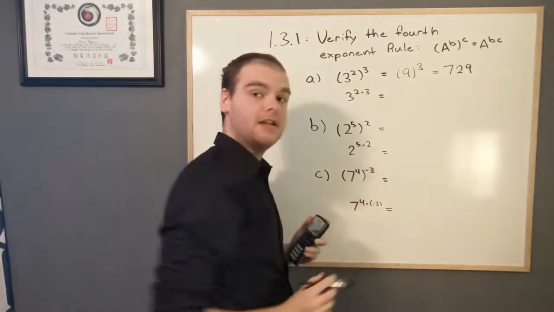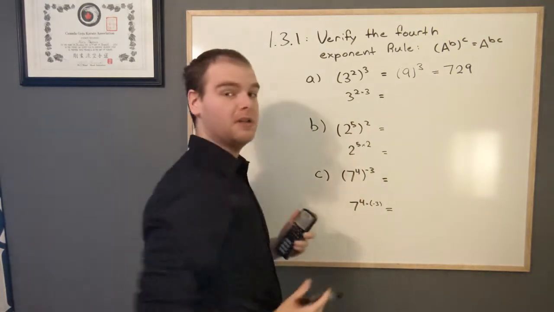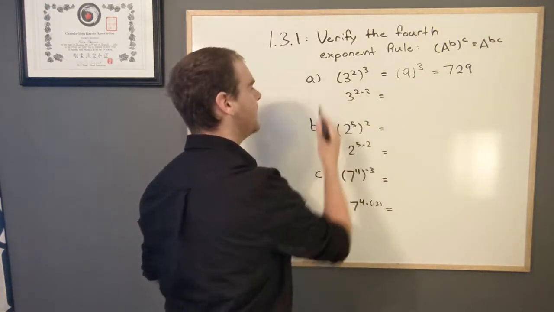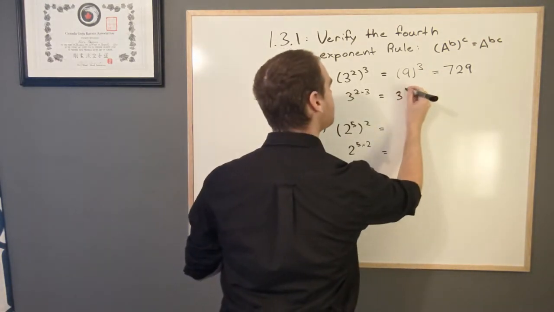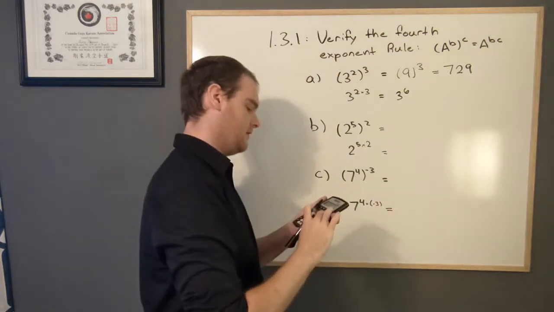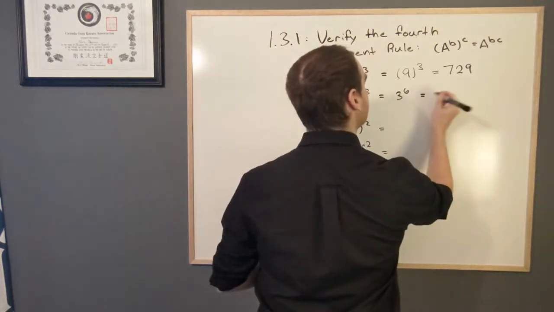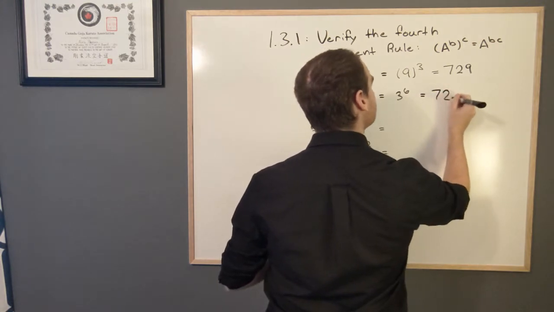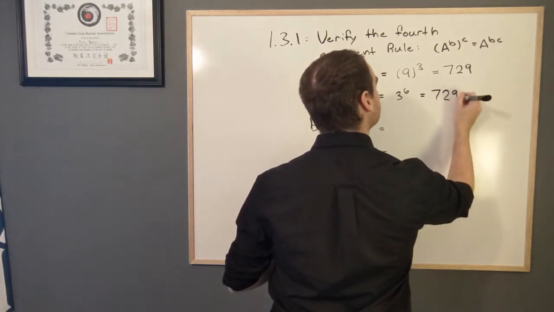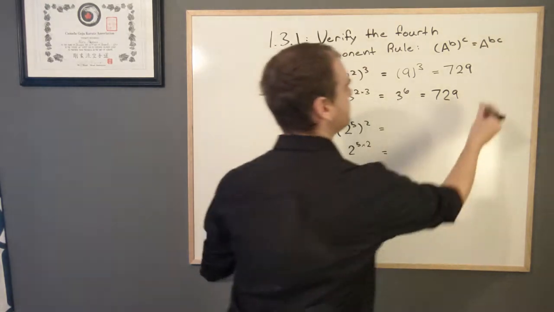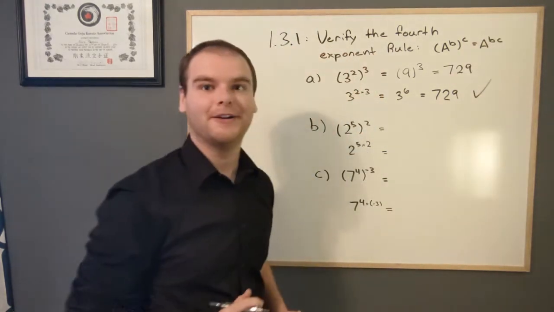Now we do the right side of the exponent rule, where we multiply our powers. So 2 times 3 is 6. And 3 to the exponent of 6 is, in fact, 729. Verified.